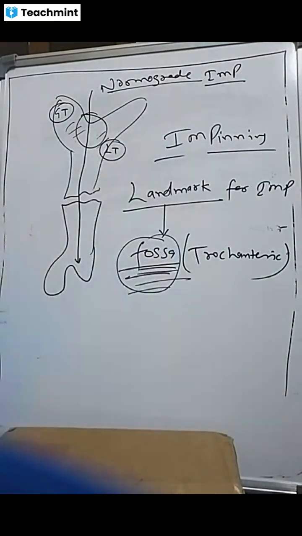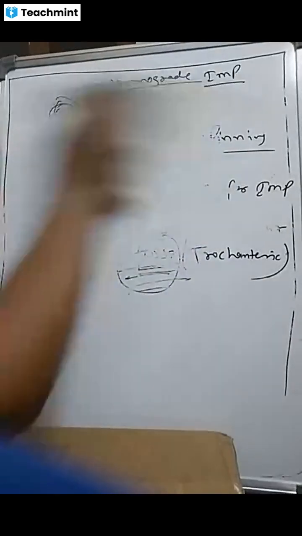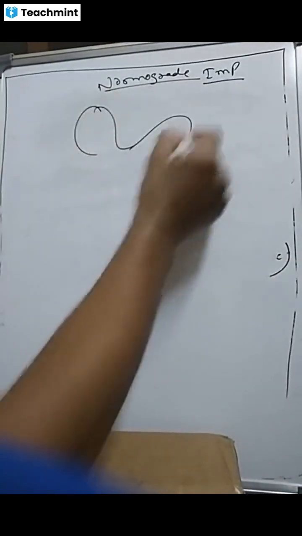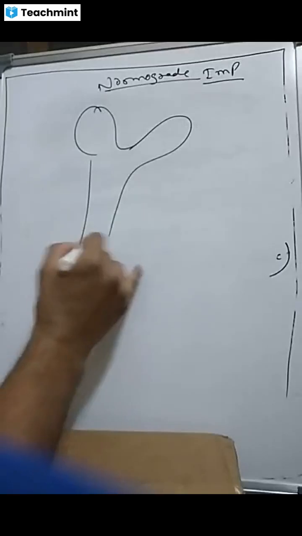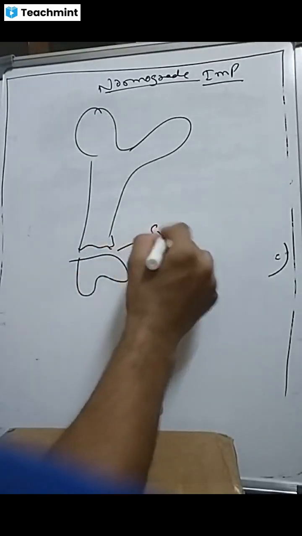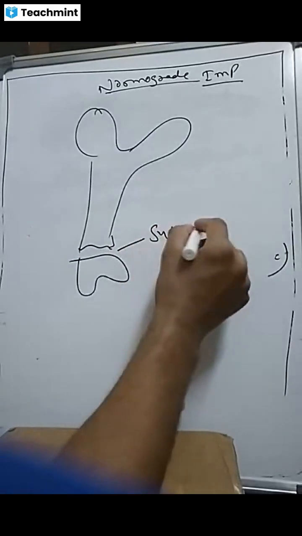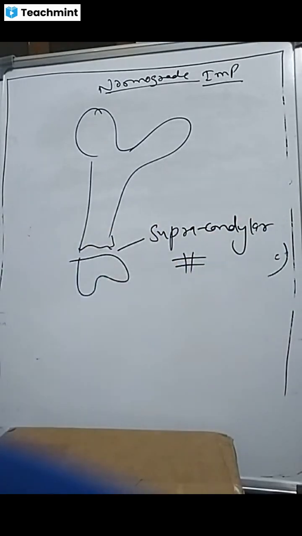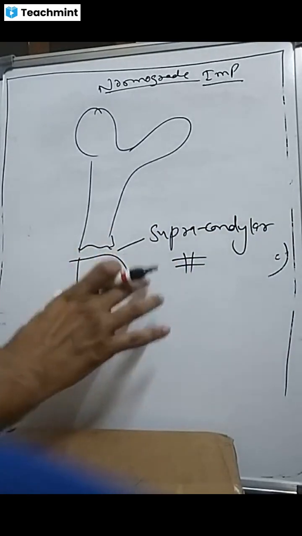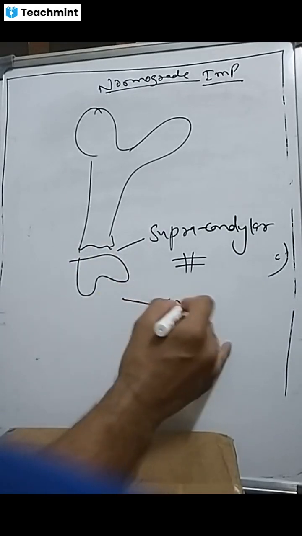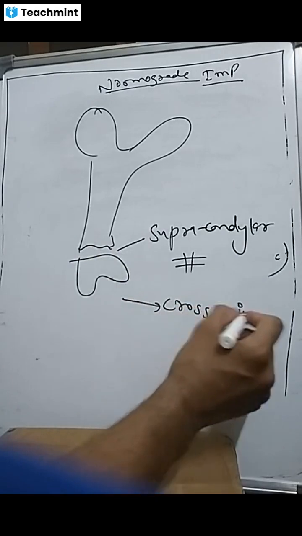One more example with the same femur. This is the femur and supracondylar fracture. This is supracondylar fracture. Just what we are doing, the cross pinning.